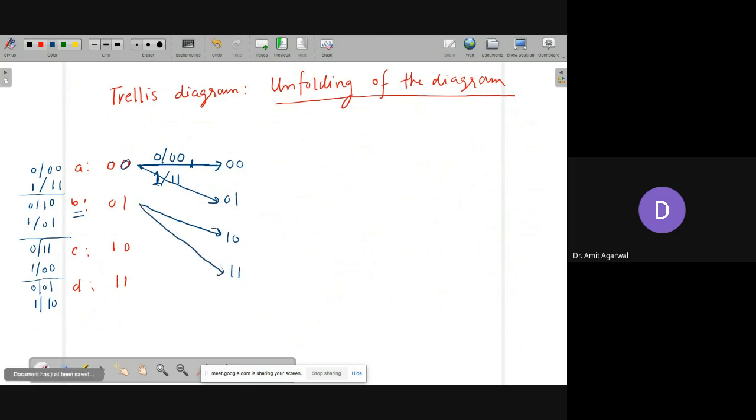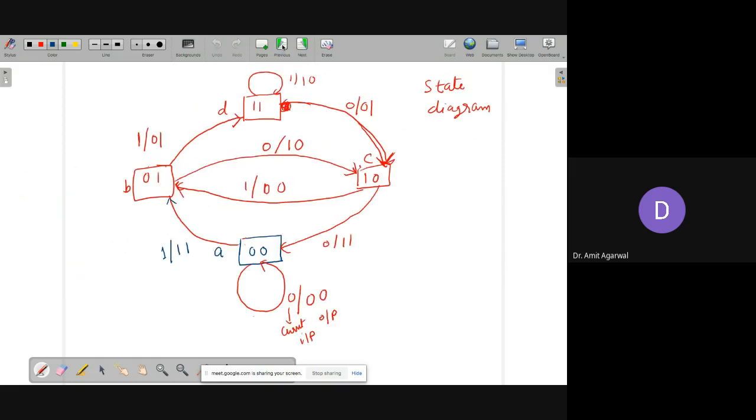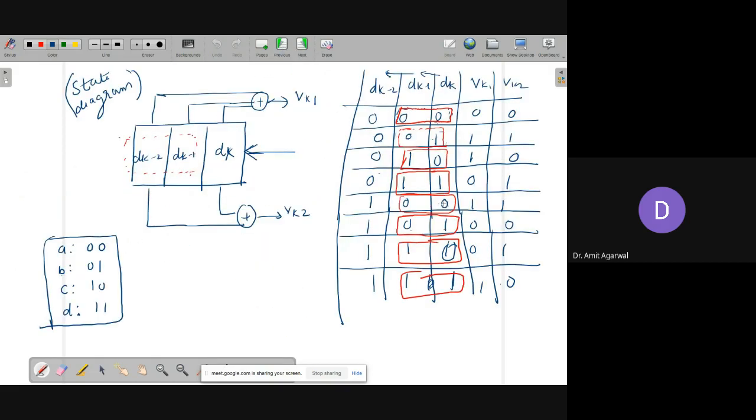So this is, you say that at time equal to 0 state, like this, how your states are moving. This is the whole unfolding of the state diagram. Now you are in state 1 0. For example, 0 comes, you go to 0 0, 1 comes, you go to 0 1.